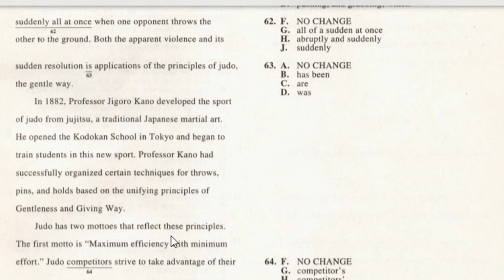Judo has two mottos that reflect these principles. First motto, maximum efficiency with minimum effort. See how that relates back to the title? Gentle, maximum efficiency, and minimum effort. I feel like that's probably going to be a little bit gentler than the regular jiu-jitsu.